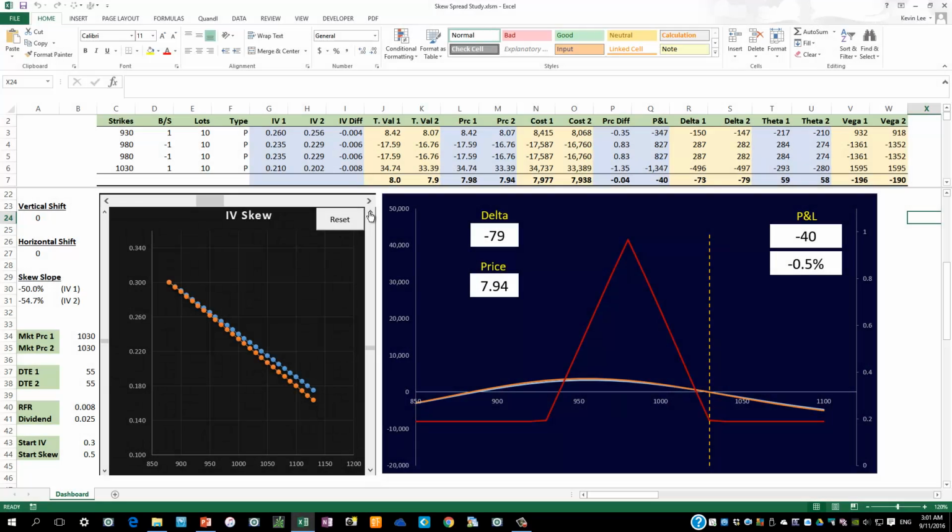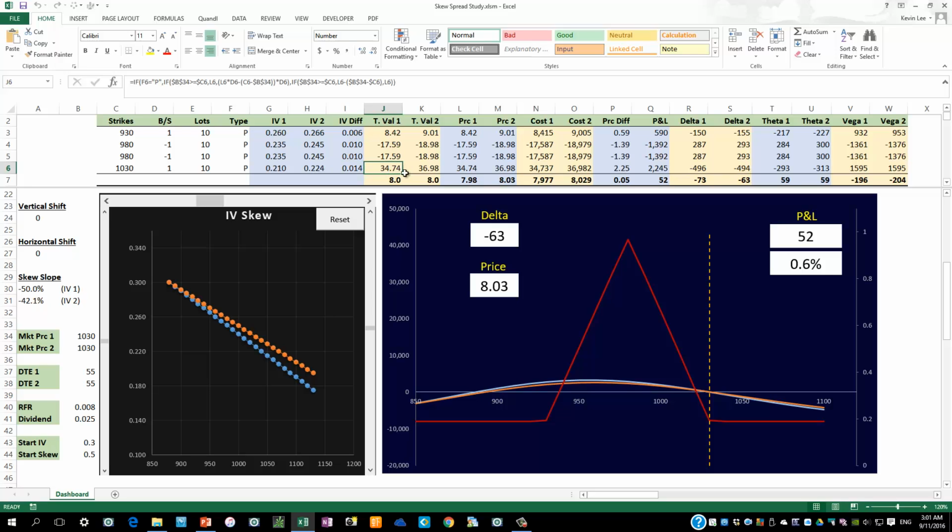Now let's do the reverse, flattening the skew. Once I flatten the skew, each of the strikes experiences an increase in volatility. The upper strikes have a bigger increase in volatility than the lower strikes. Therefore, the upper leg, which is this one, experienced the highest IV difference compared to the rest, and it has the highest time value as well.